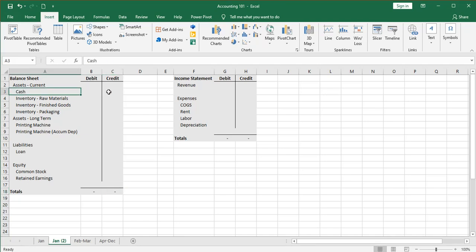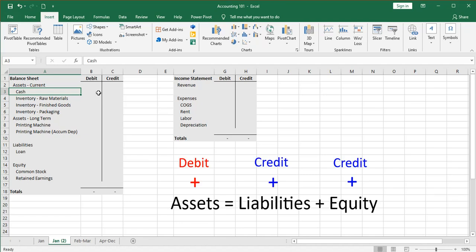If you remember from those very important slides, an increase to an asset account is a debit. So I'm going to enter a $1,200 entry on the debit side. I have to enter a $1,200 credit entry, and that entry will go to an account called loan under liabilities for now.